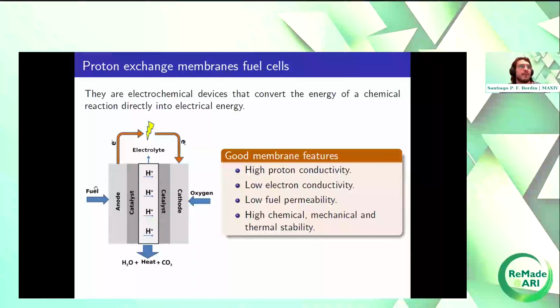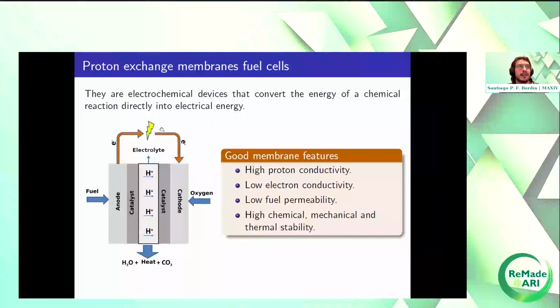We introduce the fuel into the anode. Here we have a chemical reaction that produces proton and electron. The proton will go through the electrolyte to the cathode, and the electron will pass through an external circuit.